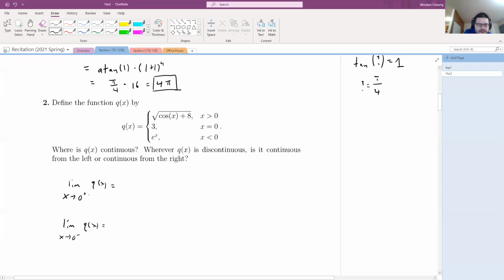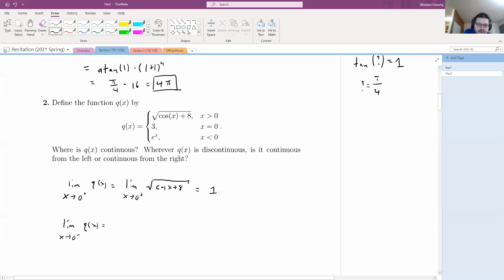So notice how I'm going to split this apart. If we take the limit from the positive side, that's where x is greater than 0. This limit is going to ignore the other branches of q, and it's only going to have this cosine of x plus 8 branch. Let's go ahead and compute that now. Since this is now a continuous function, we can plug in.